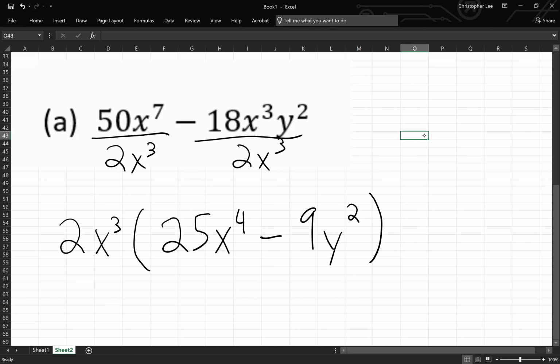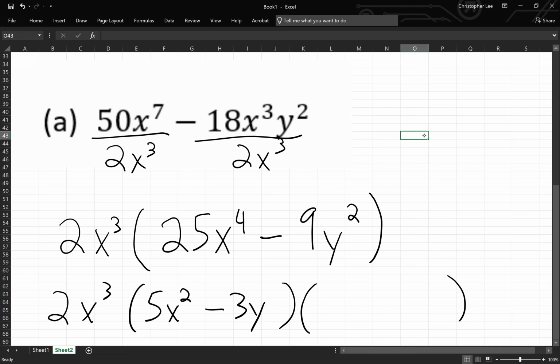What's the next step after this? It's a perfect square. So give me the answer that's gonna come out of that. I'll give you a hint. 5x squared, good. Minus 3y.